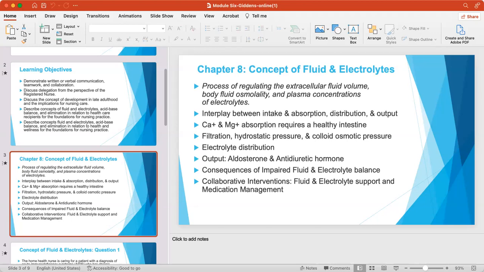There are also hormones that are involved with this process. A big one is aldosterone, along with the natriuretic peptides, which is not discussed in this concept presentation, but it does regulate renal excretion of sodium and water.